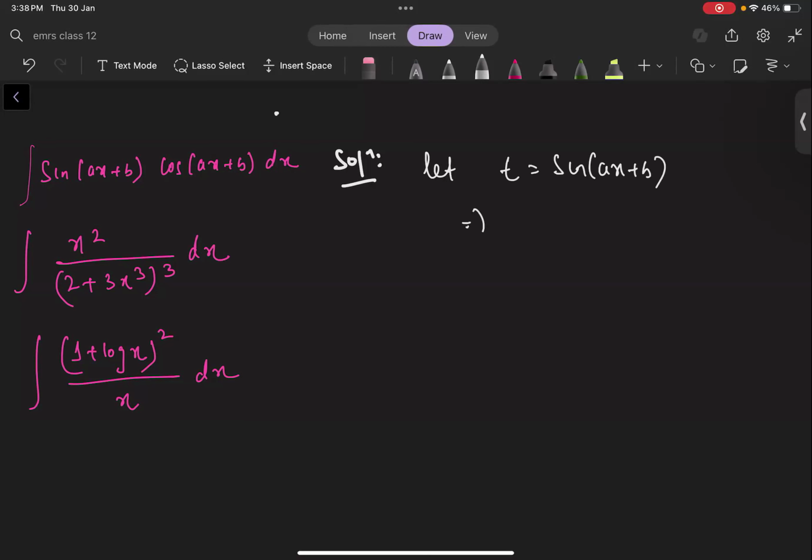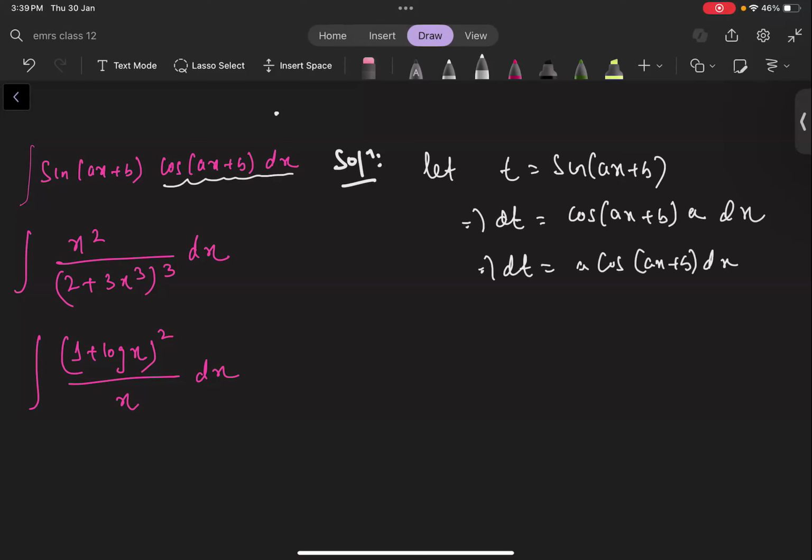We know the differentiation of this will be cos(ax + b), and as per chain rule, the differentiation of ax + b gives a. So my dt is a times cos(ax + b) dx. So in place of cos(ax + b) dx, I can replace this with dt by a.